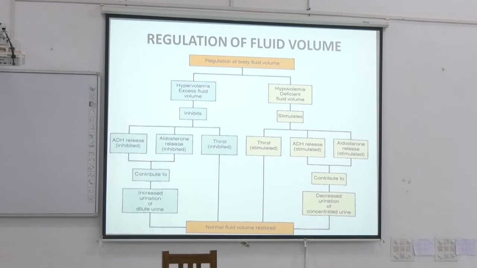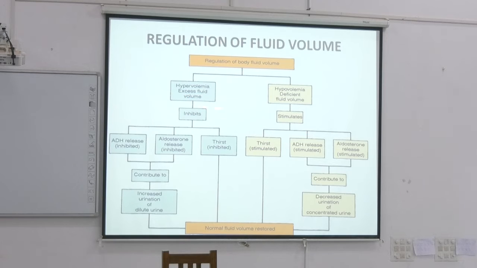Regulation of water fluid: hypervolemia, excessive fluid, deficient fluid volume, ADH release inhibited, aldosterone. We will understand all these topics in detail. What is the role of ADH, what is the role of aldosterone, thirst inhibited. Okay, so ultimately these are the factors which maintain the balance of water.